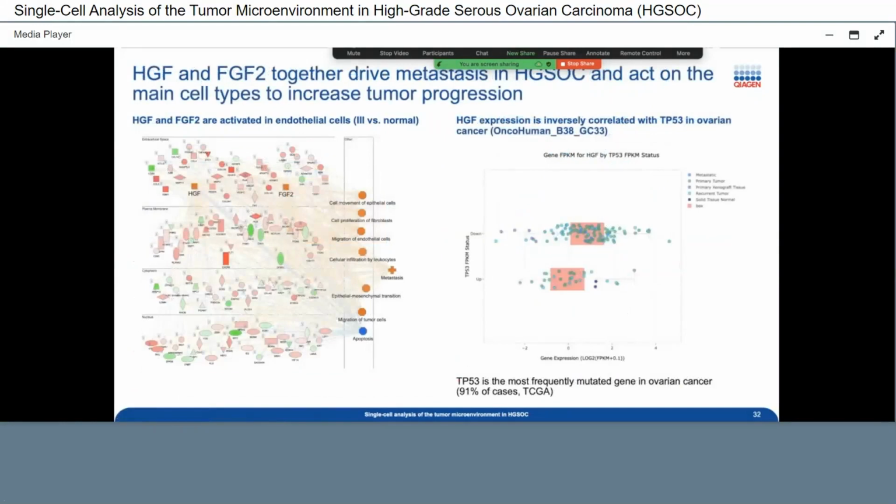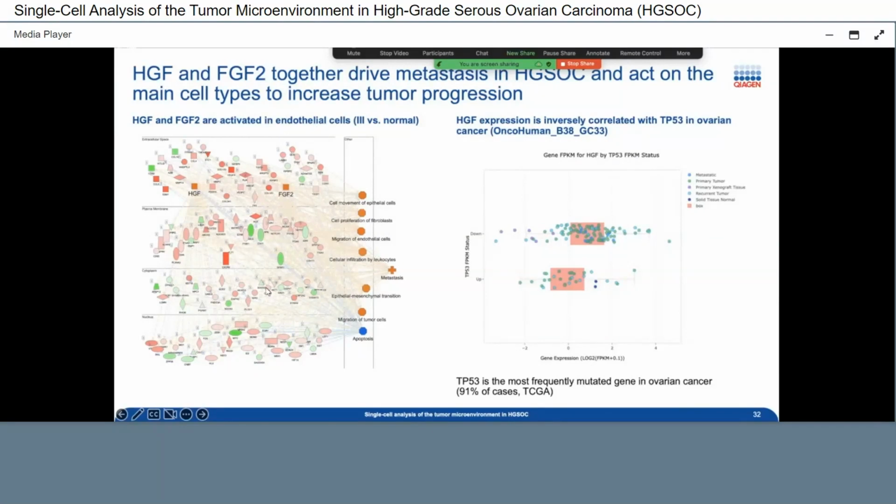So remember, we talked about the activity plot. Let's keep that in mind. So first of all, I put in a network. HGF is predicted to be activated, FGF2 as well. These are the genes that are downstream of these two growth factors. And what's striking as well is when you grow statistically significant functions using the growth features, you see all these different types of important information: increase of cell movement of epithelial cells, cell proliferation of fibroblasts, migration of endothelial cells.